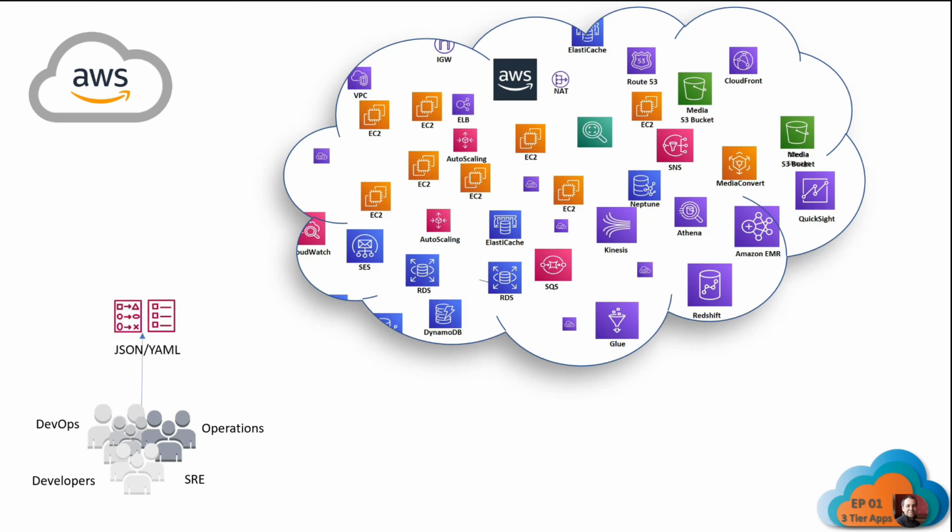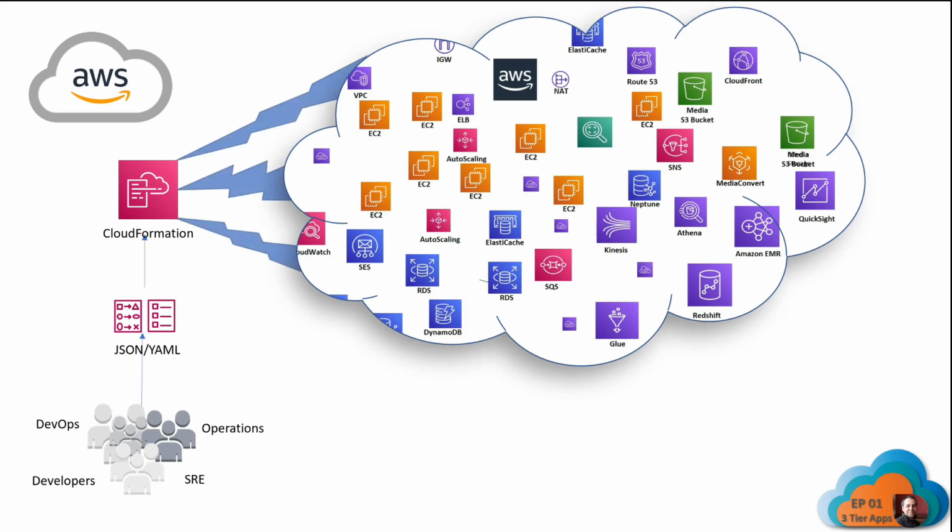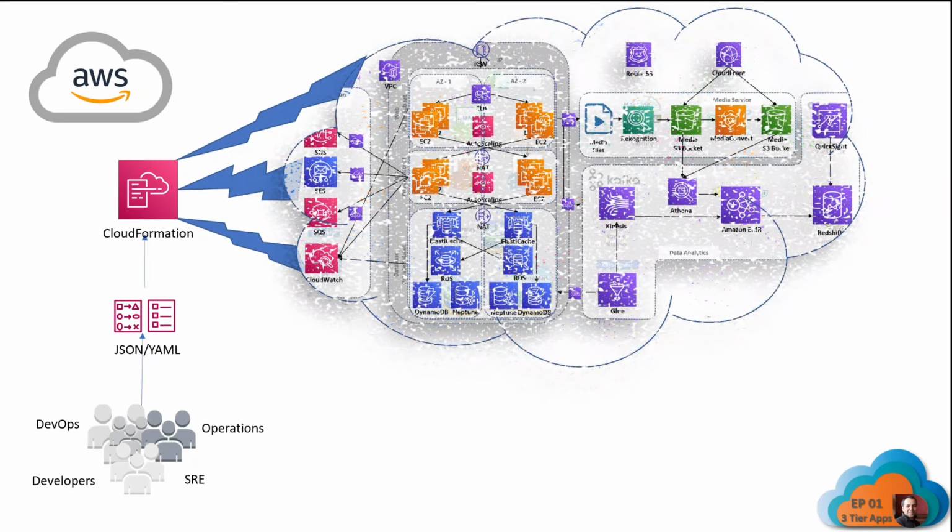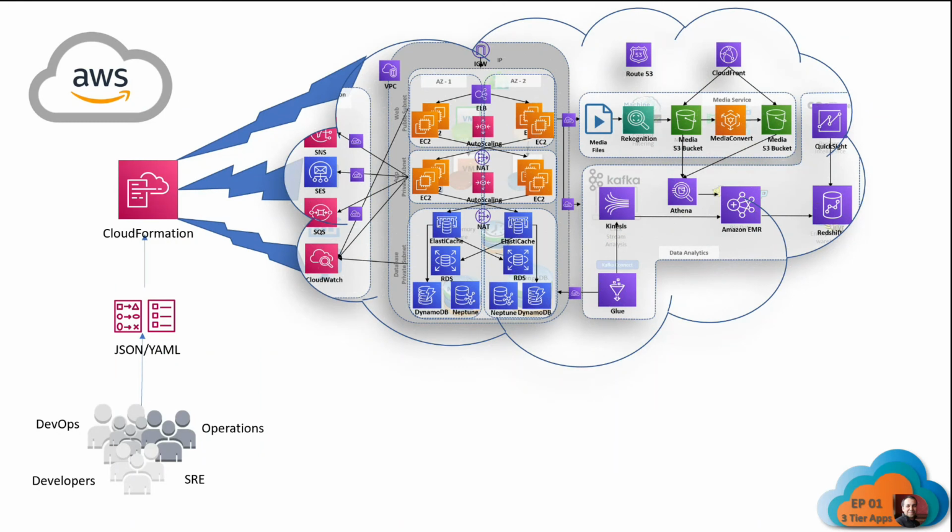And with the help of a service like Amazon CloudFormation or Terraform, we can launch or update the infrastructure by just committing our template files. Oh, and there is even a drag and drop designer tool in CloudFormation, which allows you to easily build or make changes to these templates.